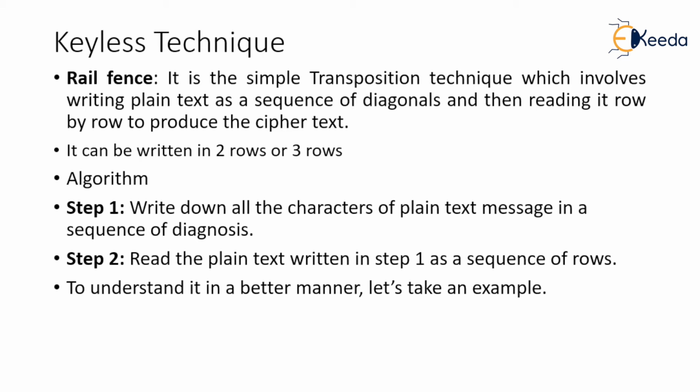Step 2 is to read the plain text written in step 1 row by row: whatever letters are written in the first row, we write those letters in sequence, and that sequence of letters falling in the first row will be followed by the sequence of letters falling in the second row. To understand this concept in a better way, let's take an example.